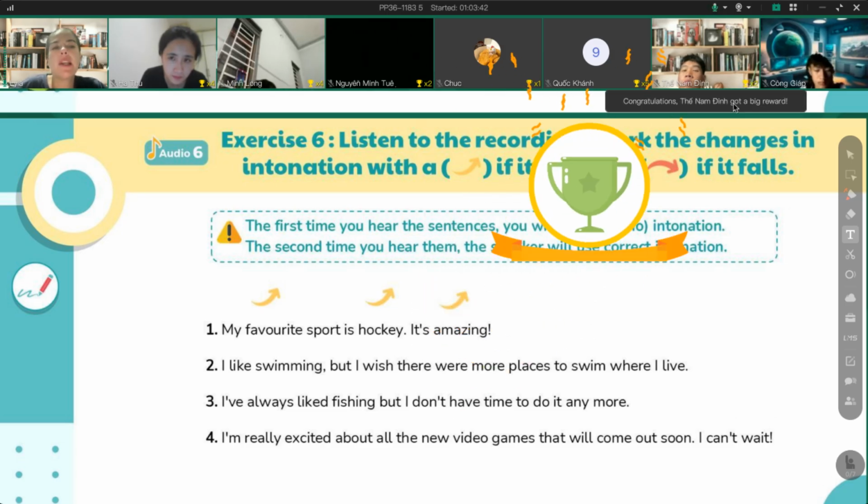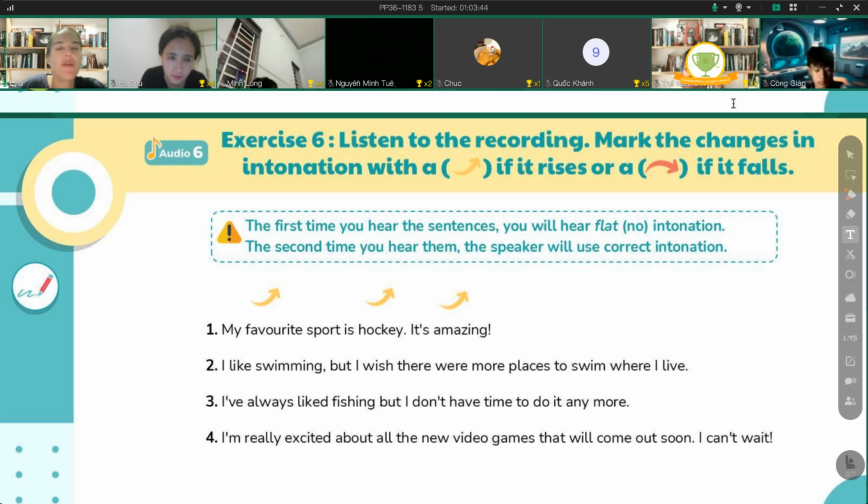Namdin, will you please read that one with no or flat intonation? I always liked fishing, but I don't have time to do it anymore. Okay, and with the correct intonation. I always liked fishing, but I don't have time to do it anymore.